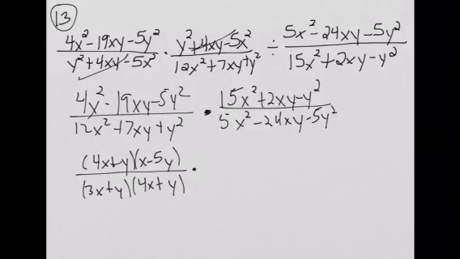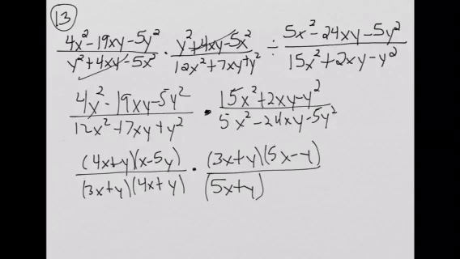Now times, over here the top part factors into 3x plus y times 5x minus y. All right, so now the bottom part, it factors into 5x plus y times x minus 5y. All right, so that's all the factored forms.